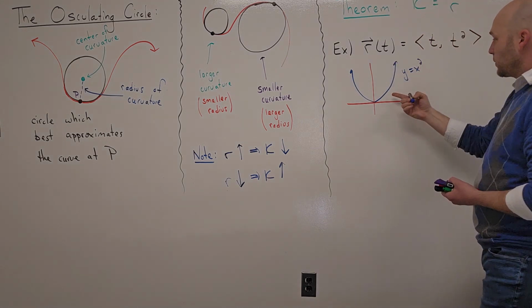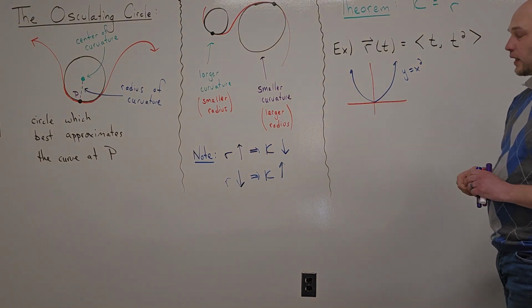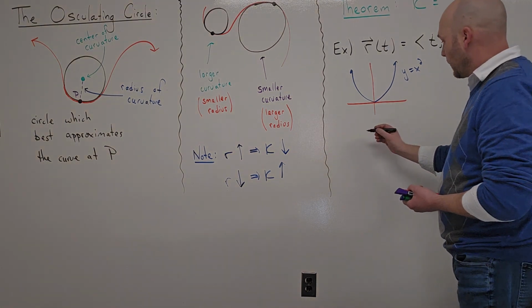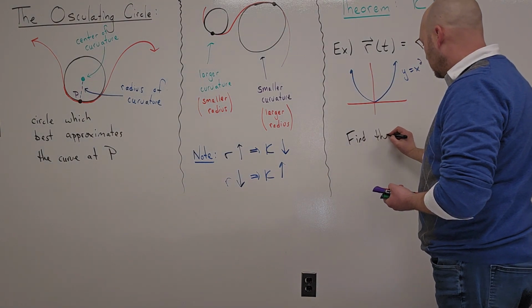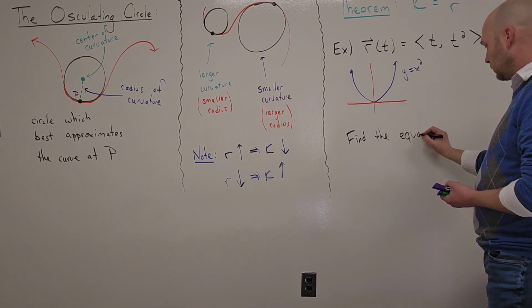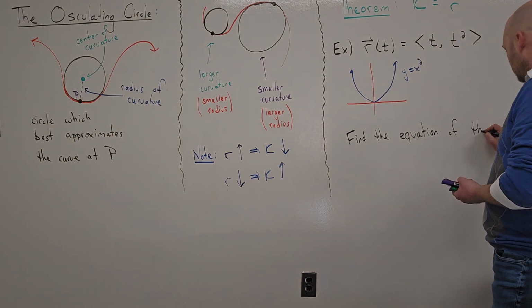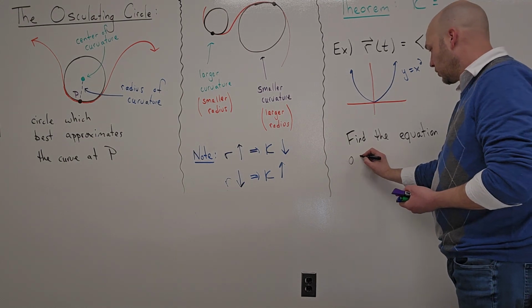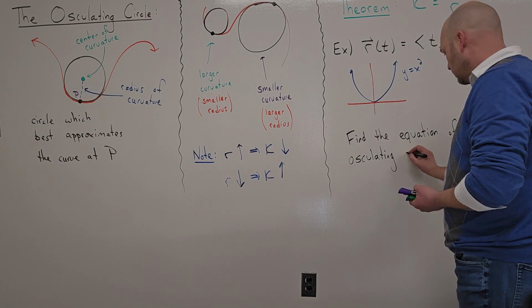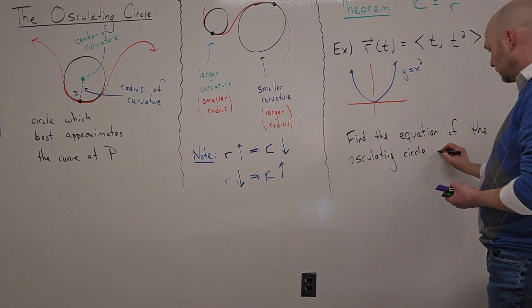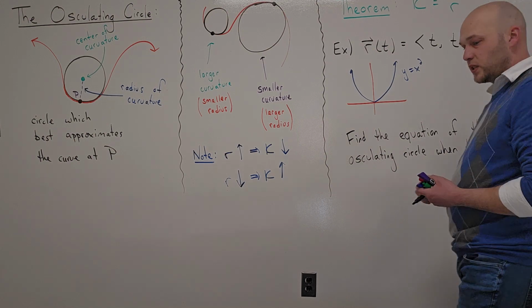So this has the same shape as y equals x squared. And let's find the osculating circle at the origin, or at the vertex. So find the equation of the osculating circle when t is equal to 0.